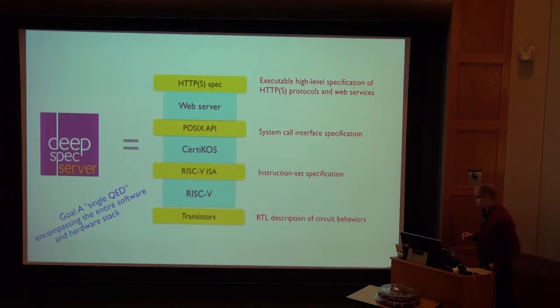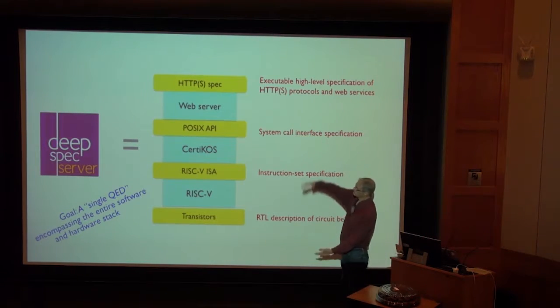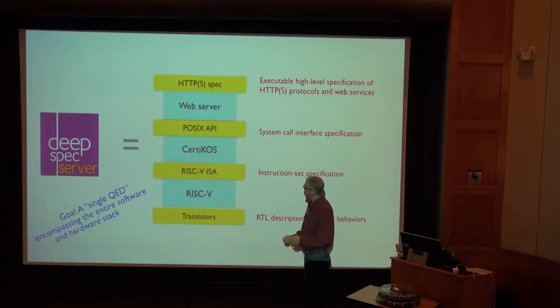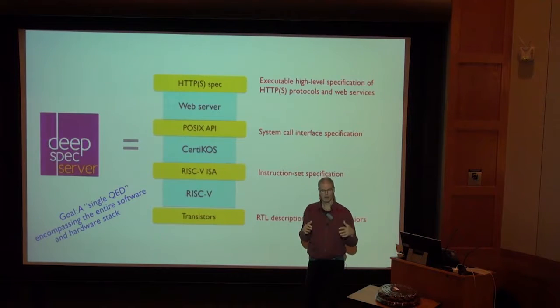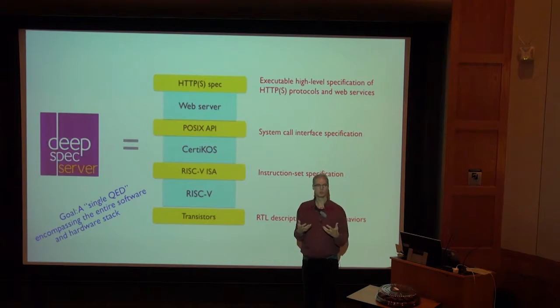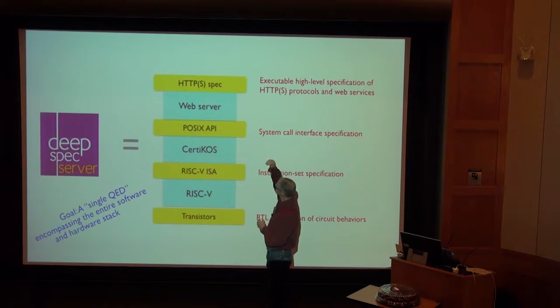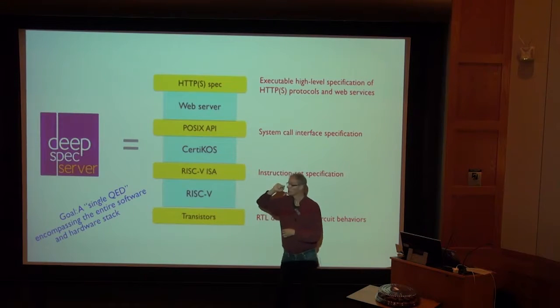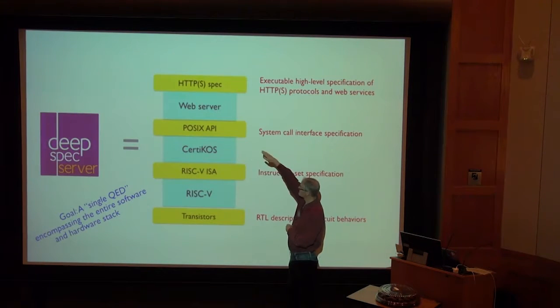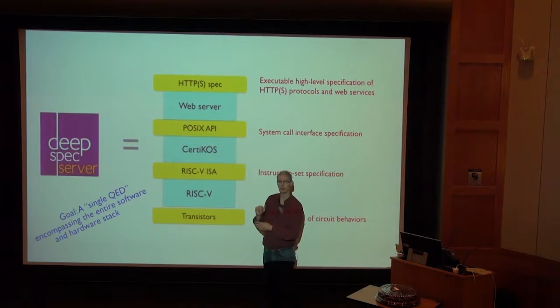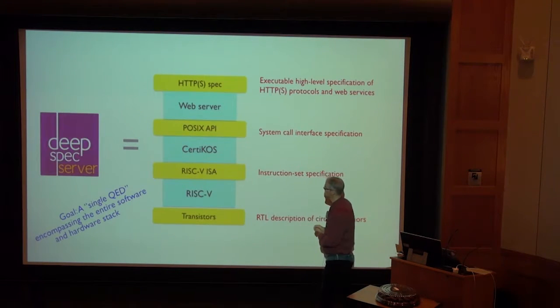So the picture is we want this big stack of things with one QED that says the whole thing is correct. At the very top is a formal specification of concepts that you would read about in RFC documents describing the HTTP ecosystem. And then there's a web server written in C. It sits on top of the POSIX API for sockets and things like that, which is implemented by the Certicos hypervisor.